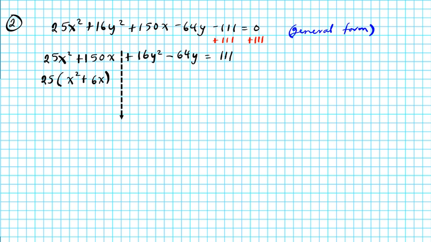Okay, please don't factor out the x's, just the coefficient. That's all you factor out. And on the right side here, you take out 16 and you have y squared minus 4y, equals 111. The goal here again is just to make sure that the squares are by themselves, so we can complete the square without much complexity.